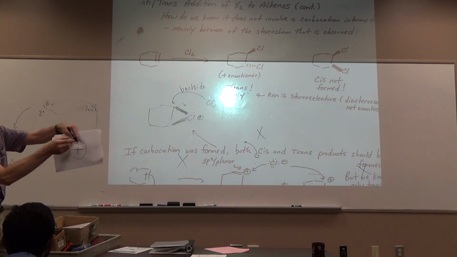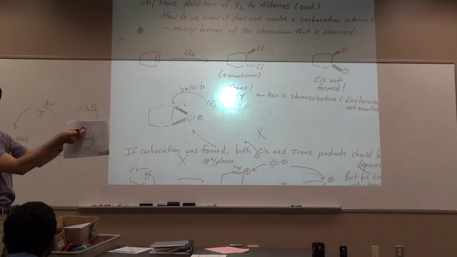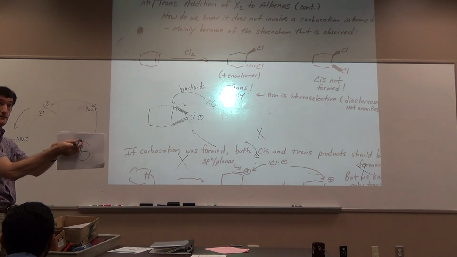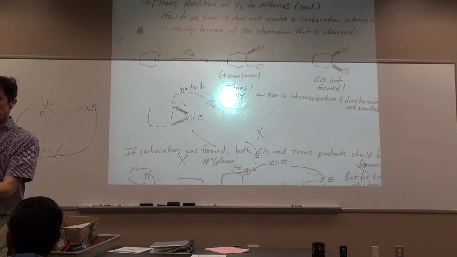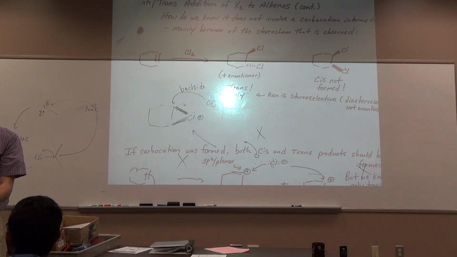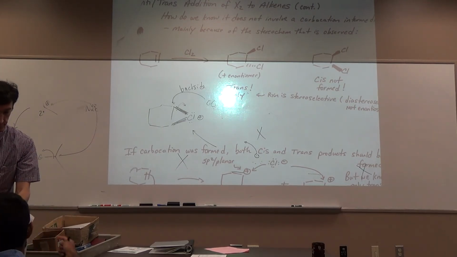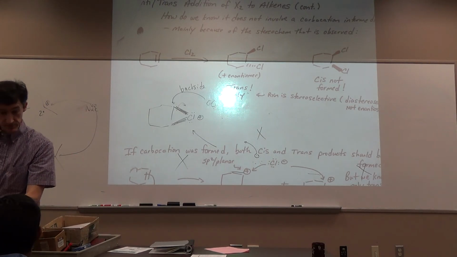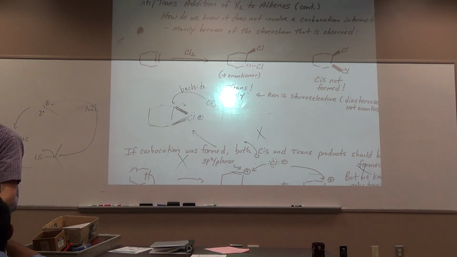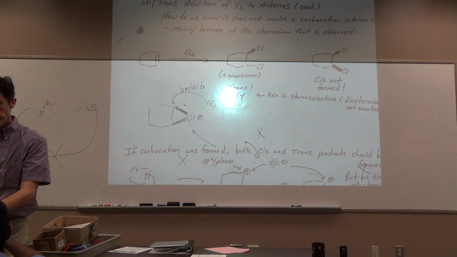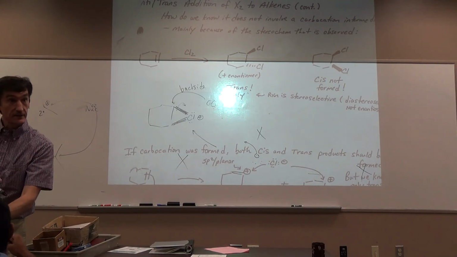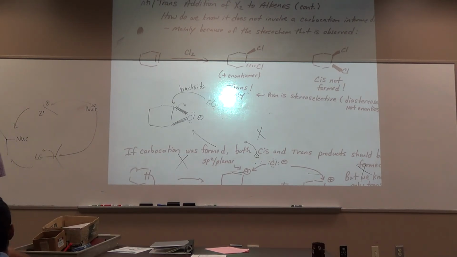Back here. If the chlorine is this way, where's backside? How are you going to attack? Yeah, you're going to come in over there. You kick me off. So that bond, if this is forward, that's forward. The new bond is back.